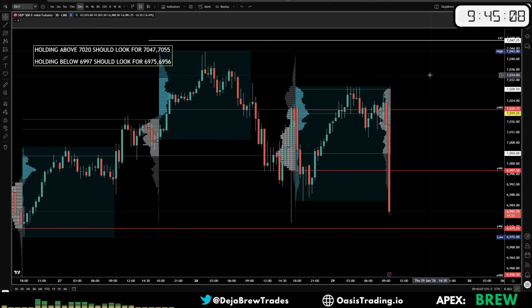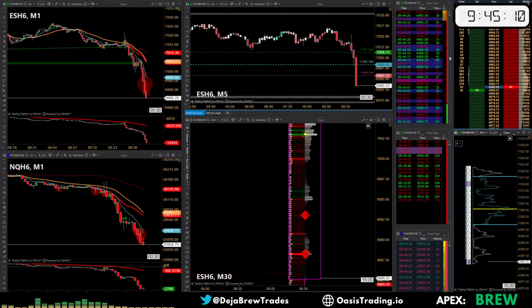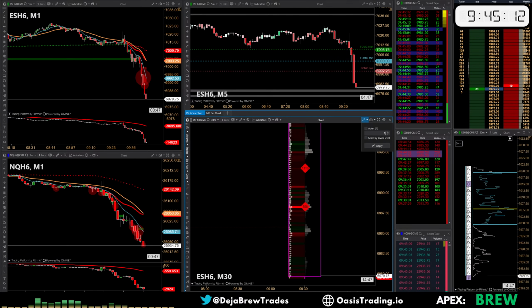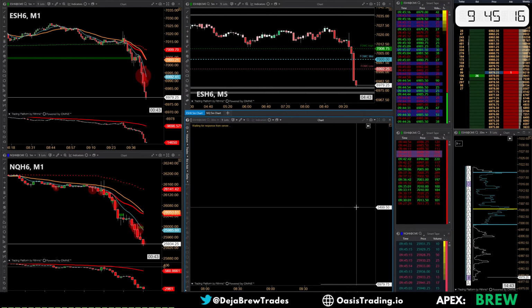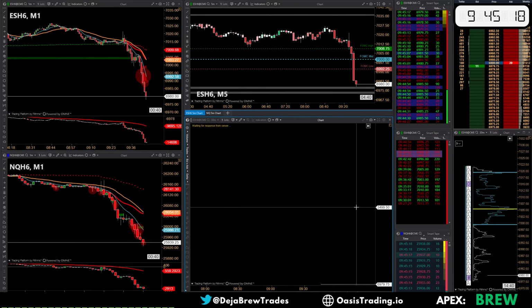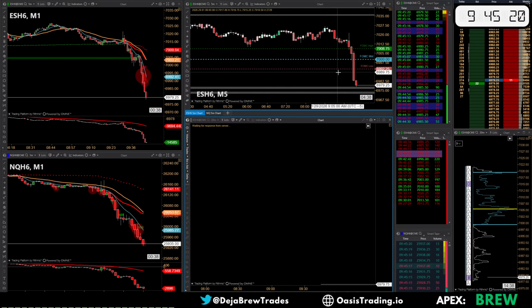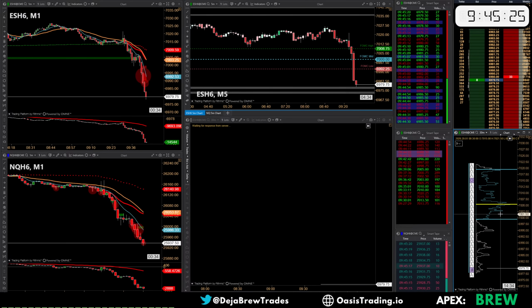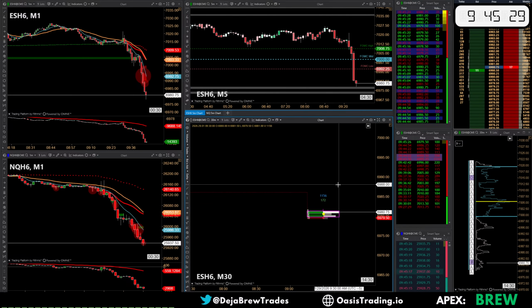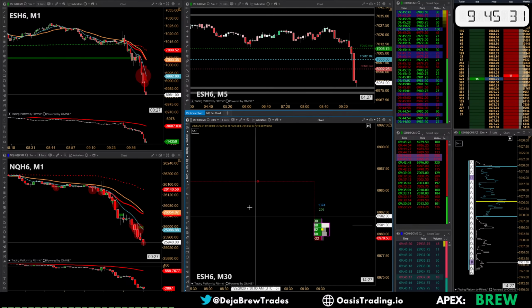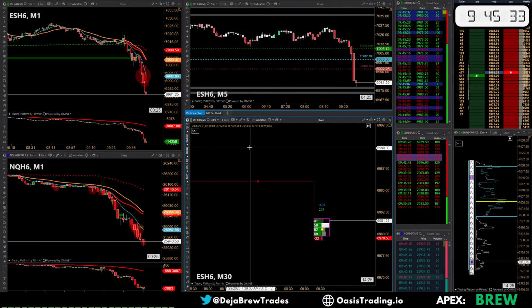Overnight low target taken out, 75 target coming up, and then 55 is next. I'm actually going to have to increase our scale here. It's moving way too fast. It's doing that thing again where it doesn't want to load.